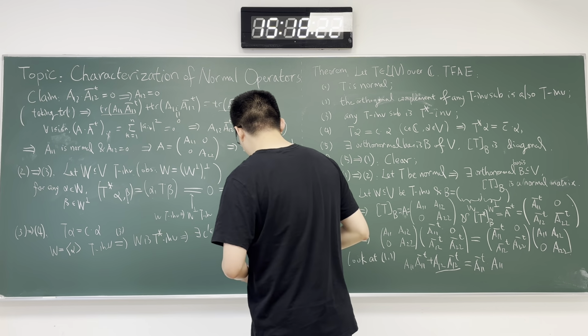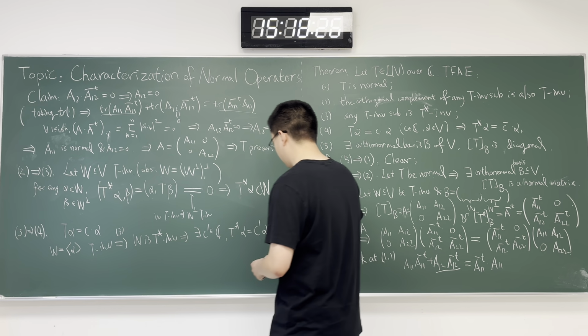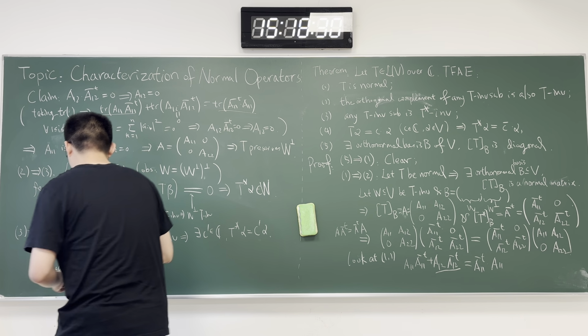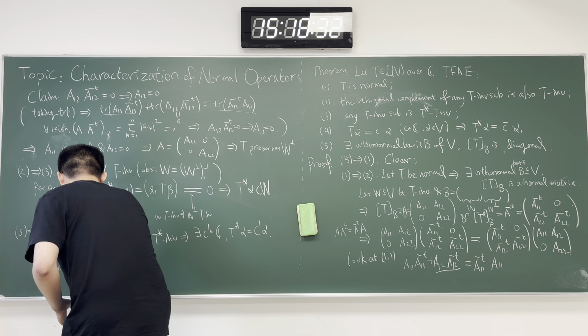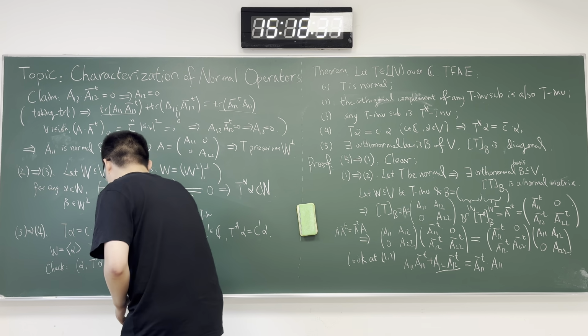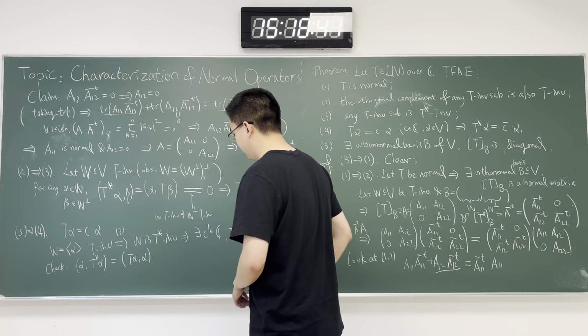So how do we do that? We just check the norm of the matrix. So check. We take the inner product of alpha with T star alpha. It equals the inner product of T alpha with alpha by definition.